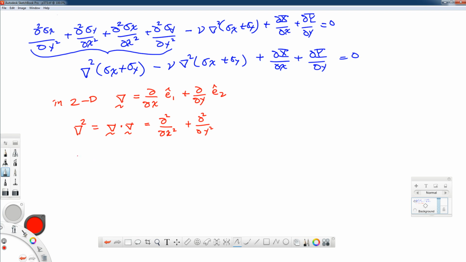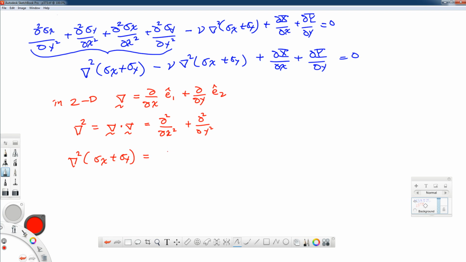And so what I'm saying is when I have the operator del squared operating on sigma x plus sigma y, we'd have to algebraically expand that out. Algebraically, it's partial derivatives, but we'd have to expand that out.